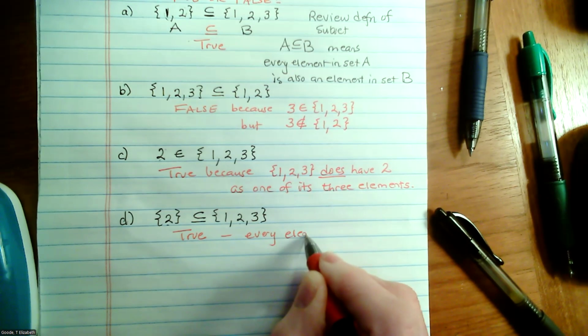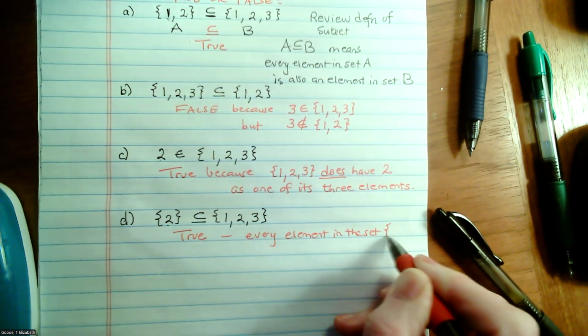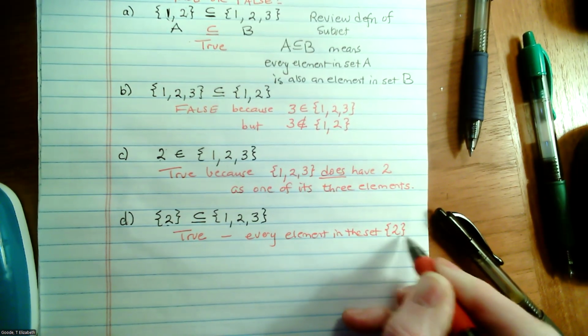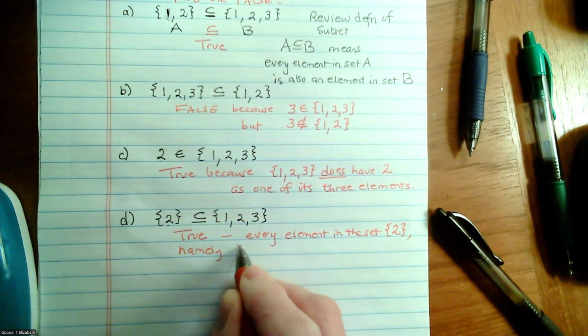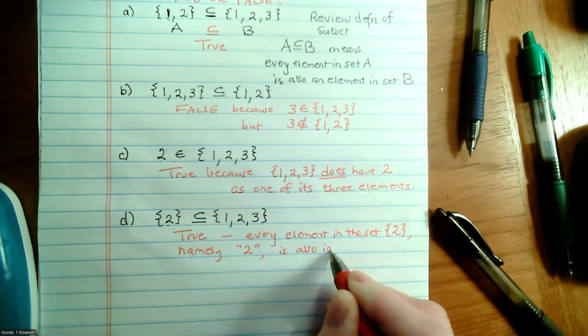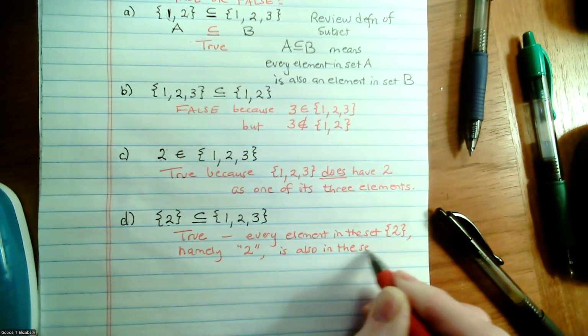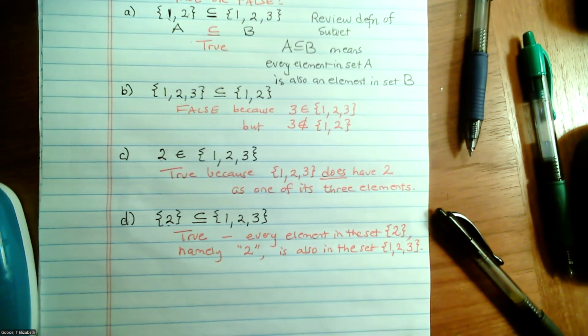Every element in the set with curly brackets, namely 2, is also in the set that contains 2 plus a couple of other objects, 1 and 3.